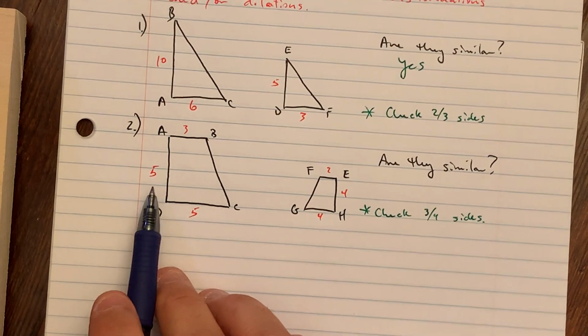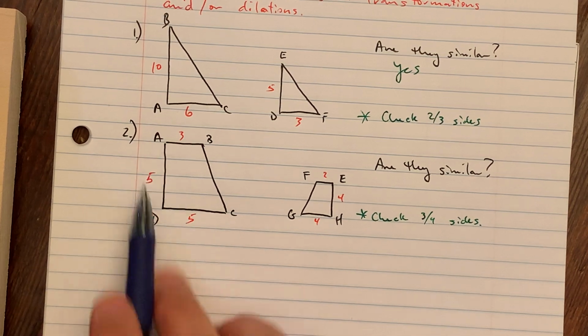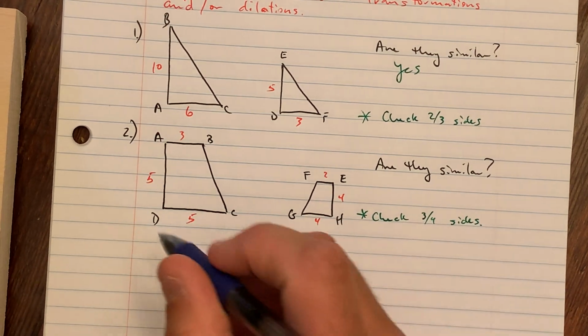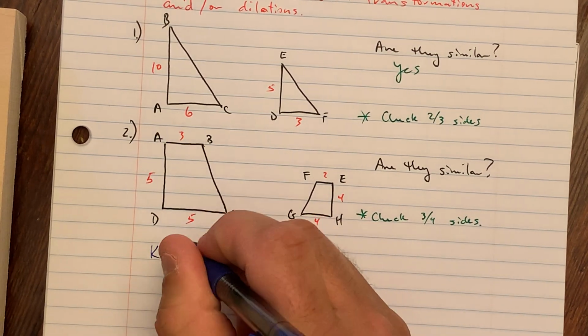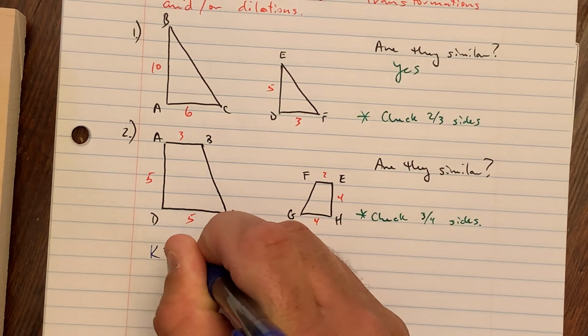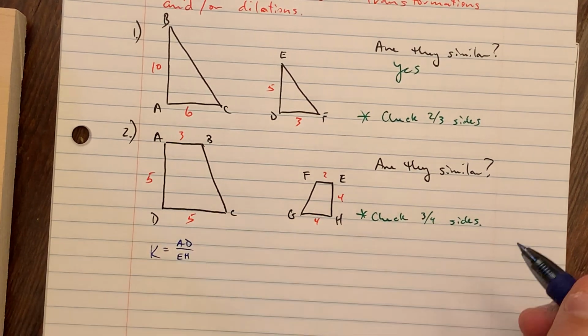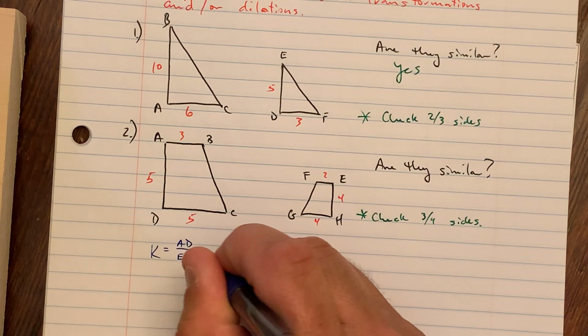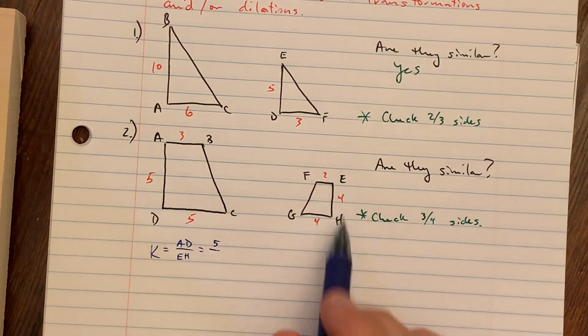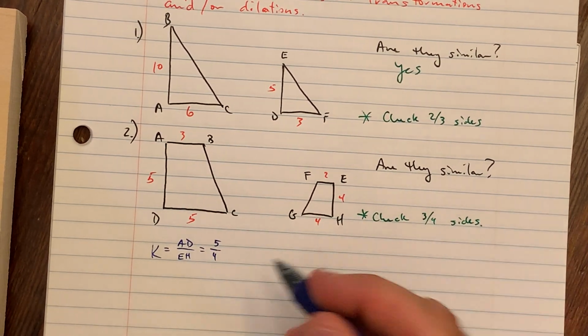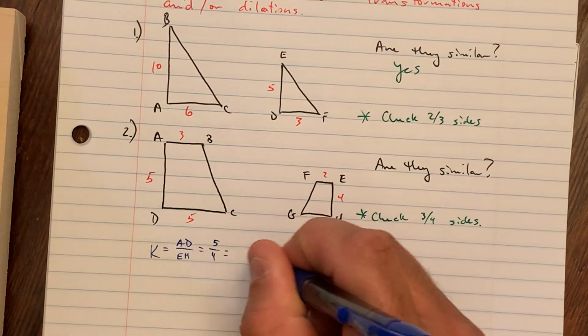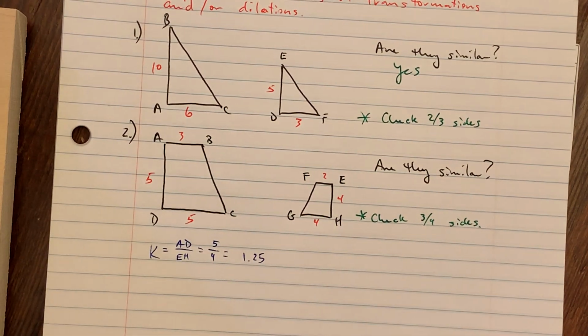I have AD to EH. AD over EH. AD is 5 in length. EH is 4. And if I wanted to, I could take that down to 1.25. That's what that would be as a decimal.